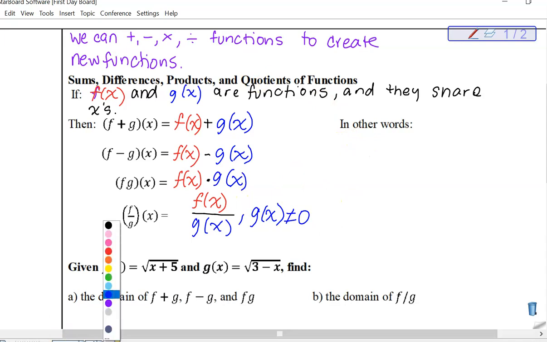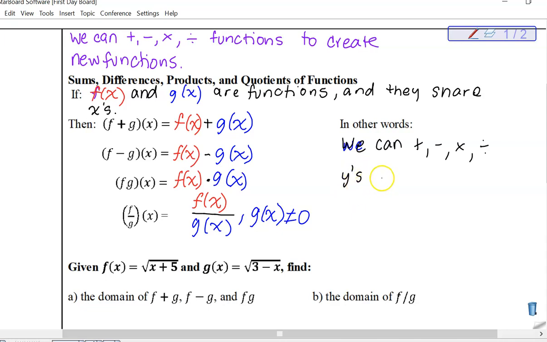So to sum it up, we can add, subtract, multiply, and divide y's wherever the x's are common.